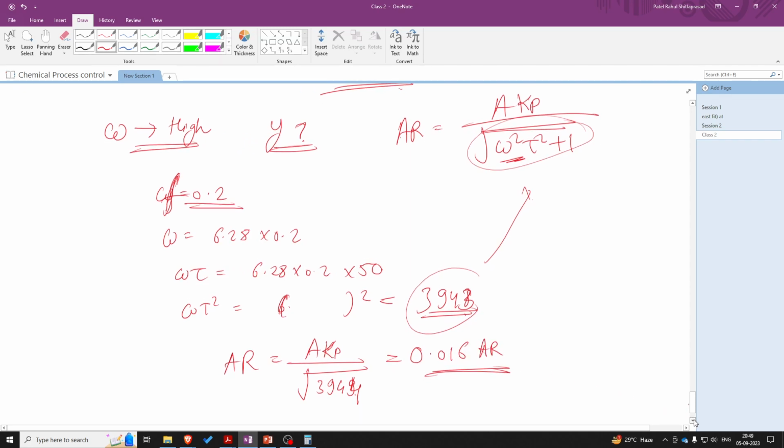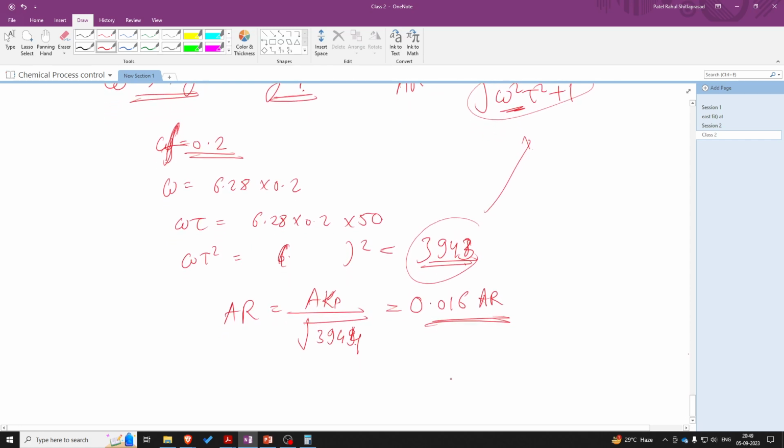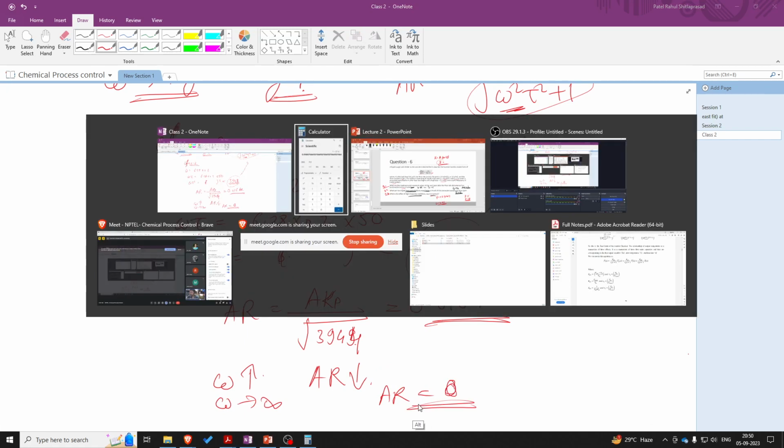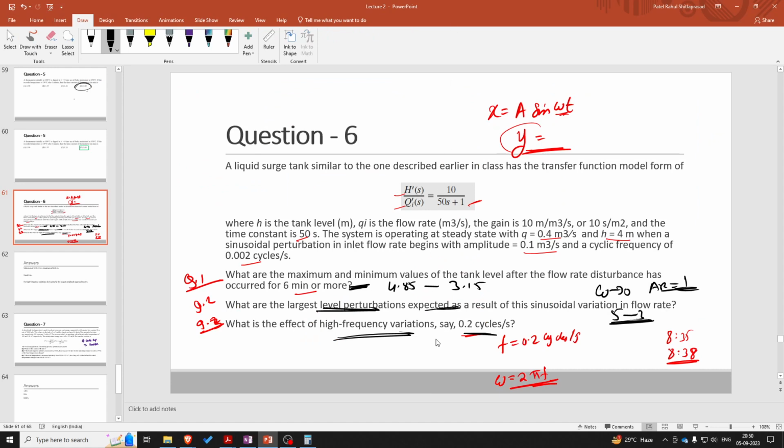That is, for high frequency, if omega tends to high, then the amplitude ratio will keep on decreasing. Ultimately if omega tends to infinity, we can say that the amplitude ratio will become 0. That is what we can report. That is, for high frequency, the amplitude ratio tends to 0.